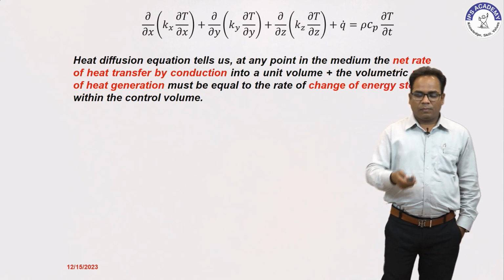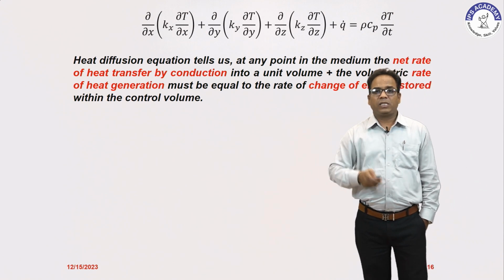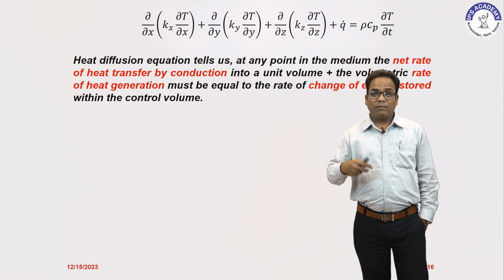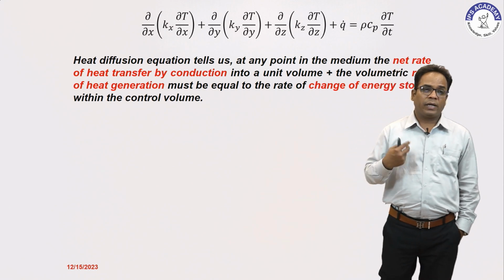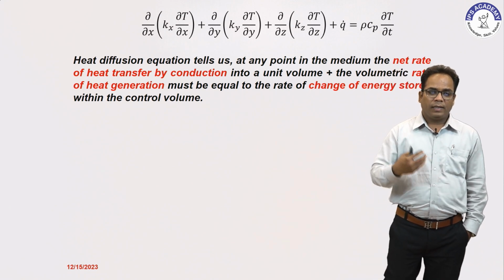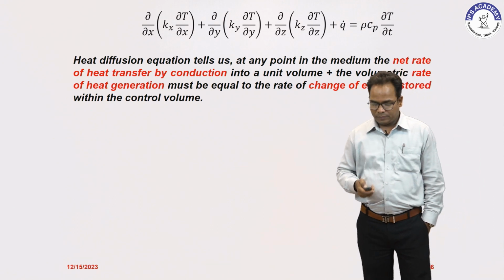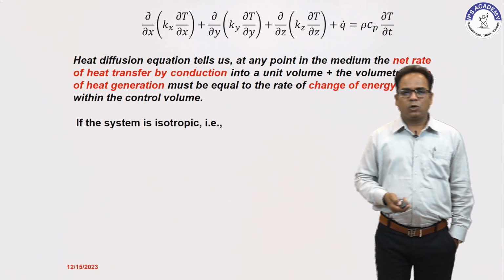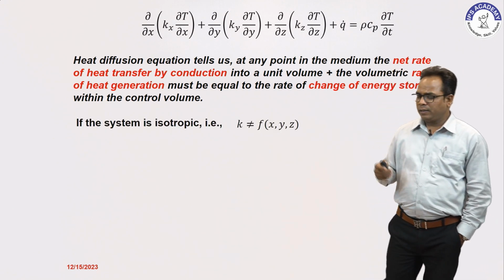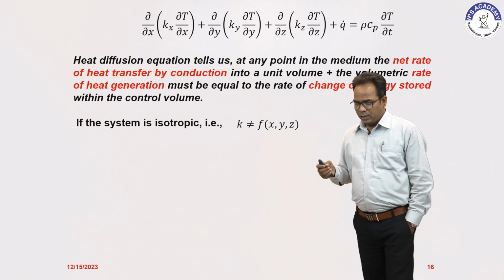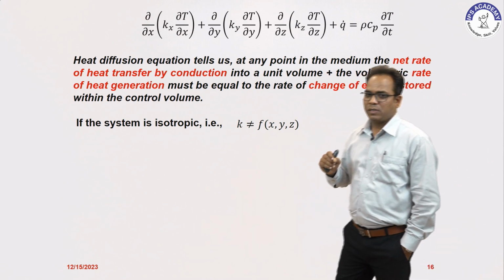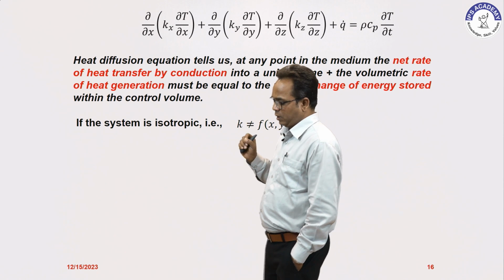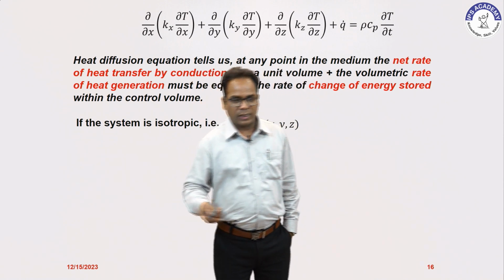Okay, but in the case of heat transfer we can have the value of the rate at which the heat is transferred, right? So as I said, for an isotropic system we can consider the thermal conductivity, which is a transport property of the system, does not vary with spatial coordinates x, y, z.